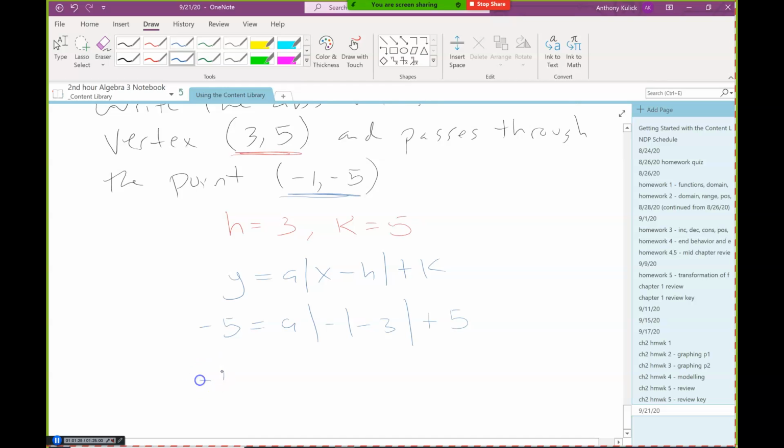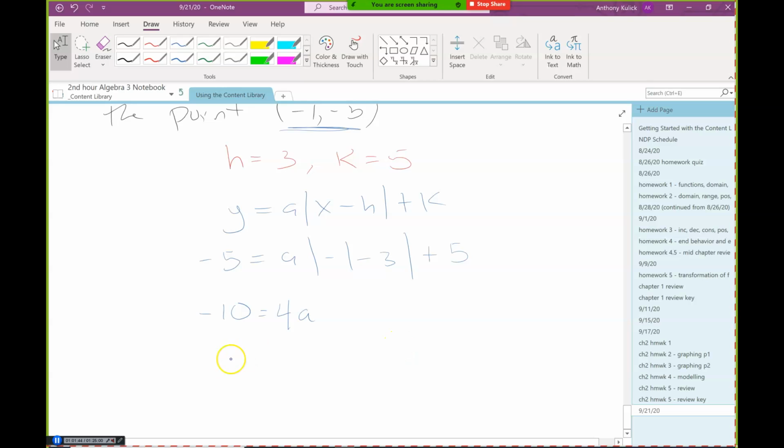So to solve for a now, I'll subtract 5 from both sides. And -1 minus 3 is -4. The absolute value of negative 4 is positive 4, and a times 4 is just 4a. So far, so good. If we divide both sides by 4, we'd get negative 10 over 4.